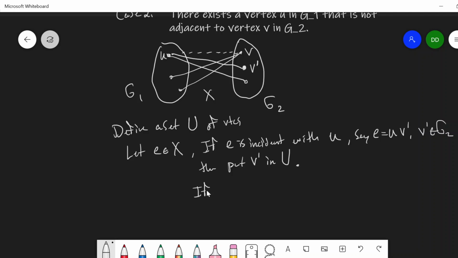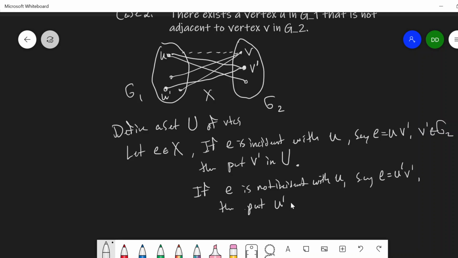And then if E is not incident with u, say E equals u prime v prime for some u prime and v prime, something like that over there, then put u prime in U. So for every edge, I loop through all of the edges in this edge cut, and I perform this operation.